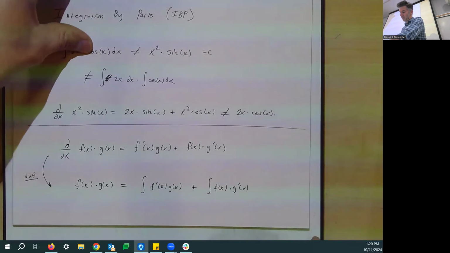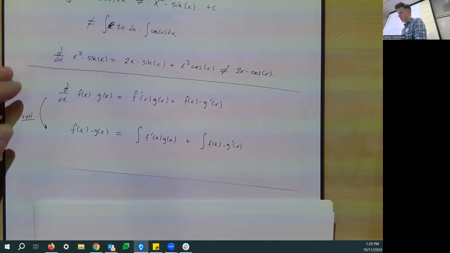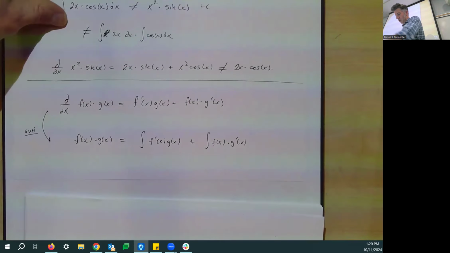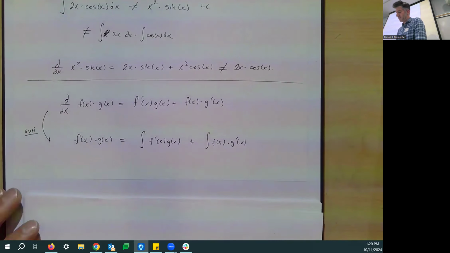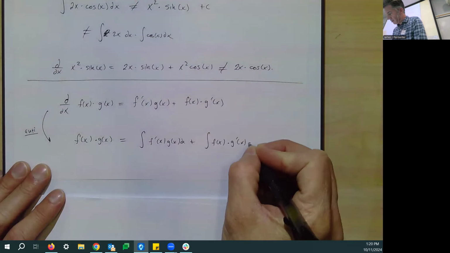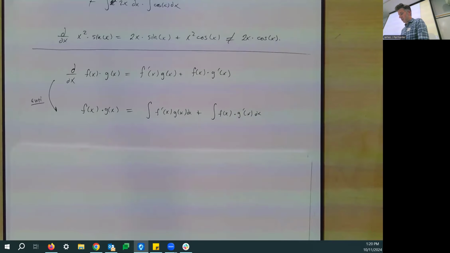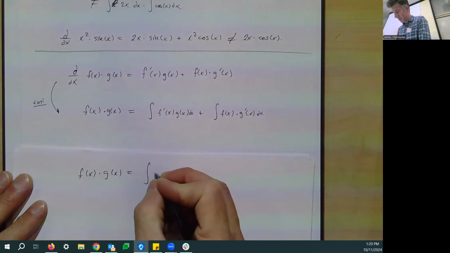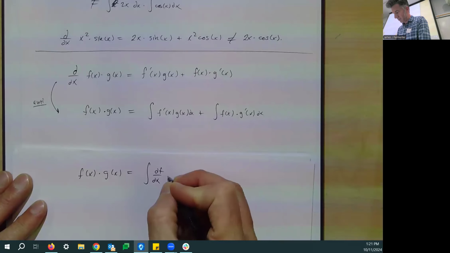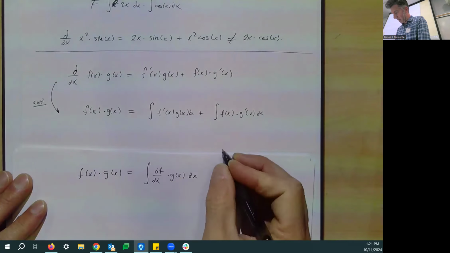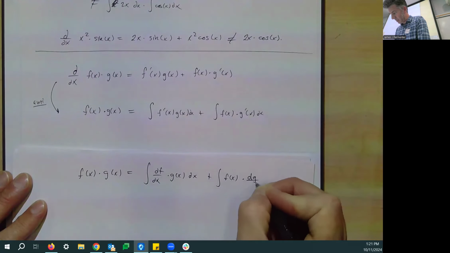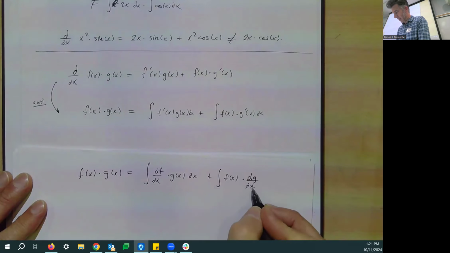Okay, I'm going to change the notation just a little bit, and I need some dx's there. I'm going to remind you that another way of writing the derivative is that f prime of x is df dx, and g prime of x is dg dx, the derivative of g with respect to x.